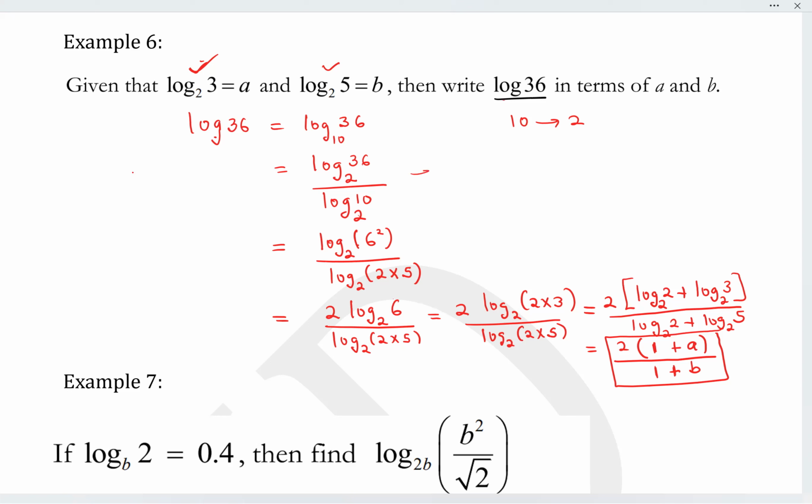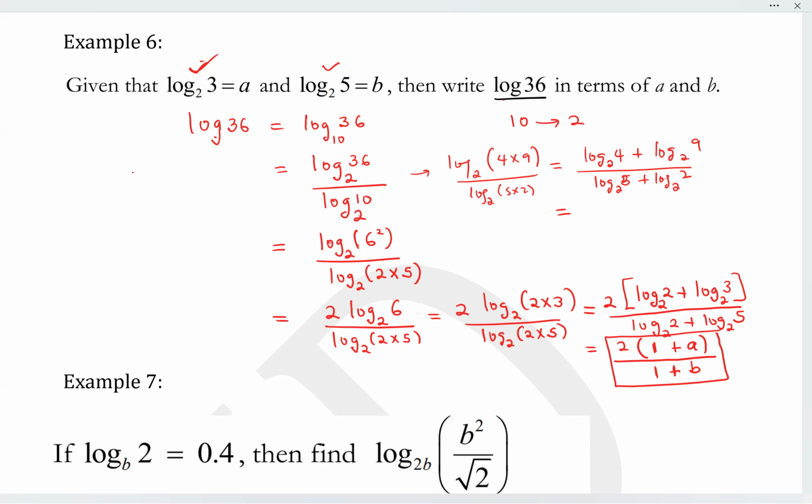So from here, you can write this as log 2 of 4 times 9 over log 2 of 10. Here you can write it as log to base 2 of 4 plus log to base 2 of 9. And here also, we can write 10 as 5 times 2, so this is log to base 2 of 5 plus log to base 2 of 2.